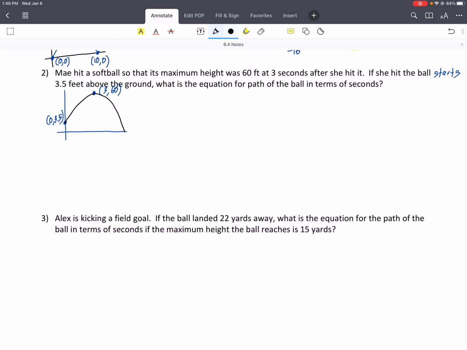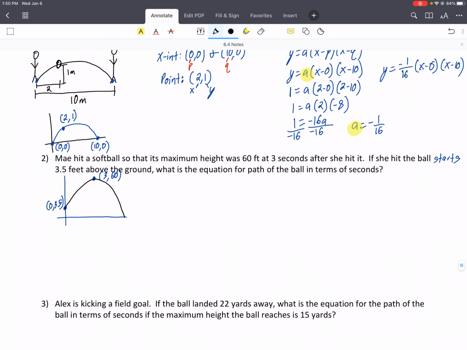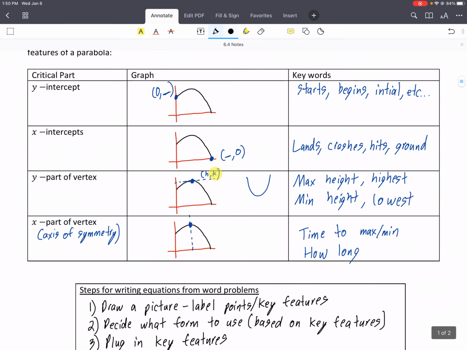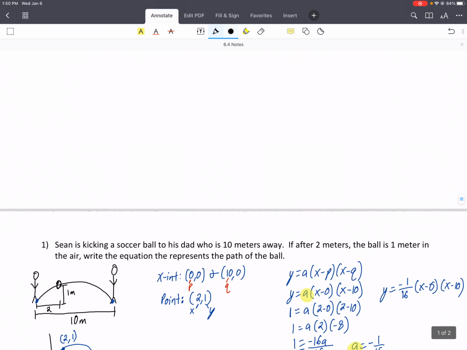Okay. So you can think about this. She's either hitting from a tee, I don't know, batting practice, or in a game, hits it so it's 60 feet above the ground, and then comes back down. So since we're using a maximum, like we said here, max normally refers to the vertex.